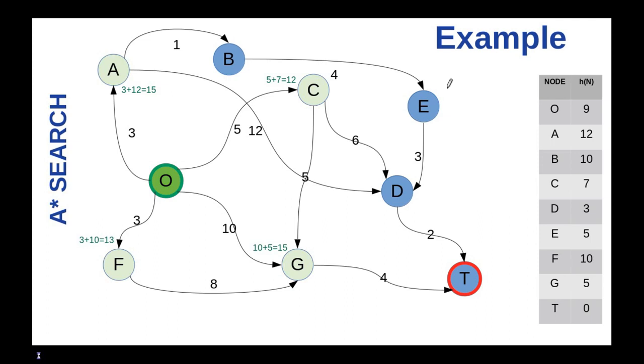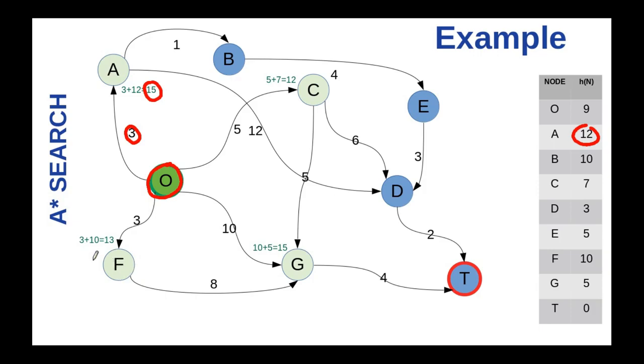Let's first of all consider all the neighbors of the starting node O, the origin. We will see that here we have a real cost of 3 of going from O to A, but the heuristics of A is 12. So we have a total cost of 15.